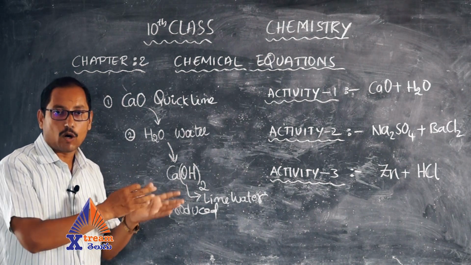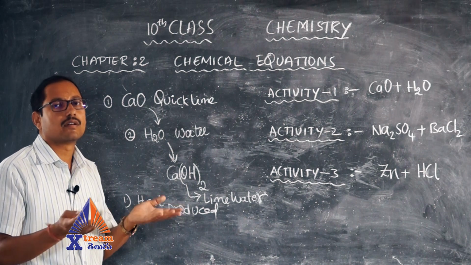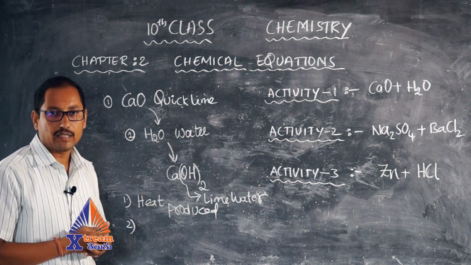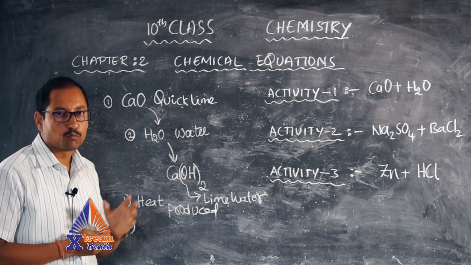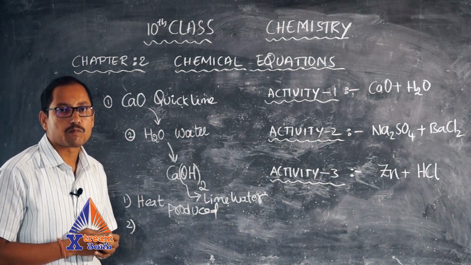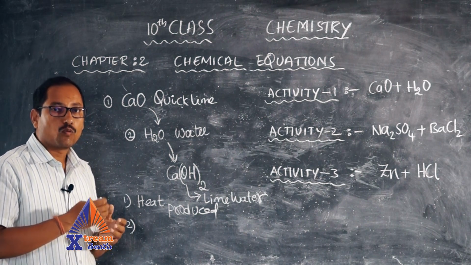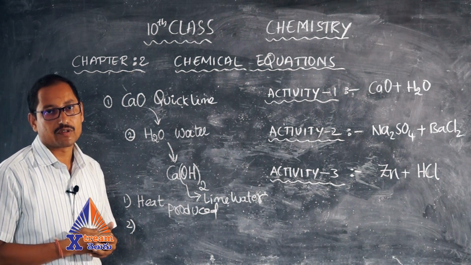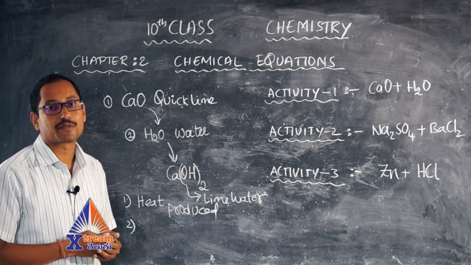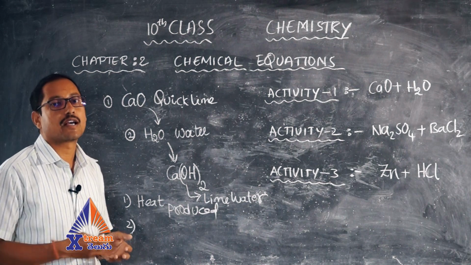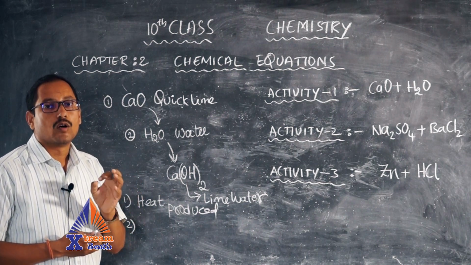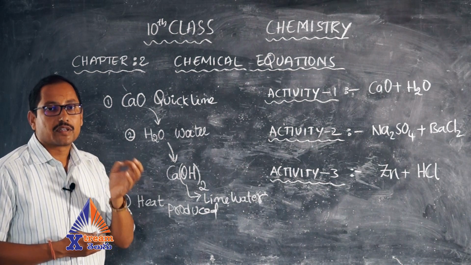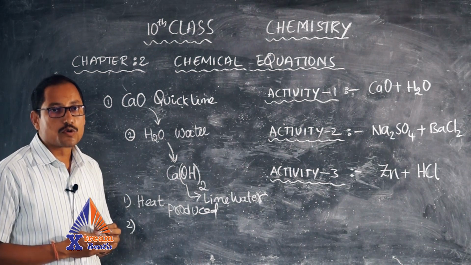Calcium oxide is a powder which is white in color, or bluish white in color. But when this powder is added into transparent water, the solution is no longer transparent. The solution has become slightly white colored with a bluish tint.